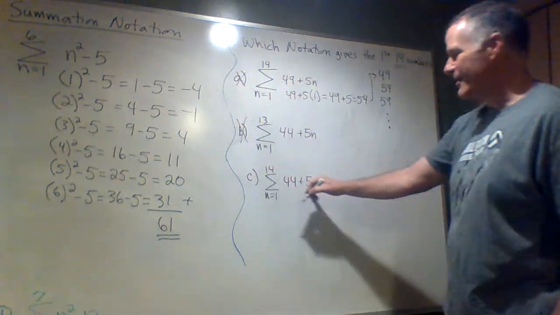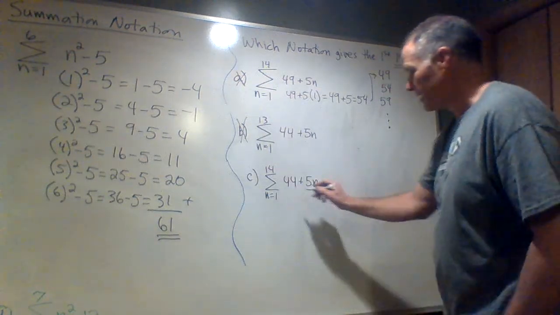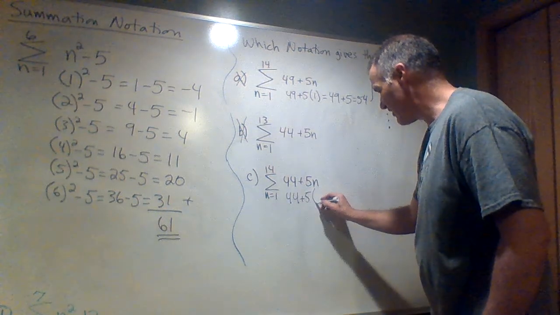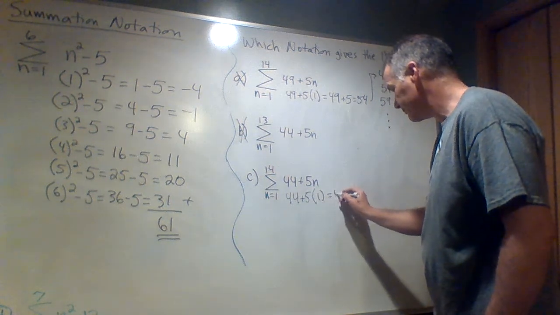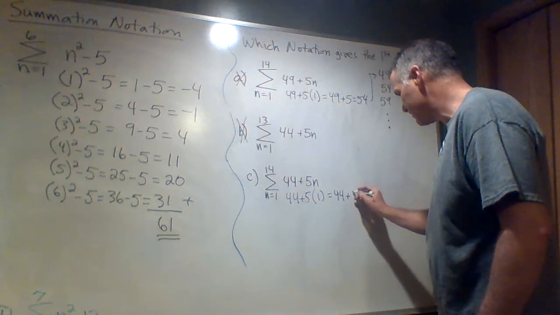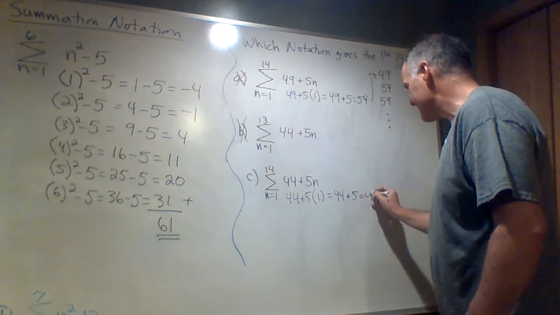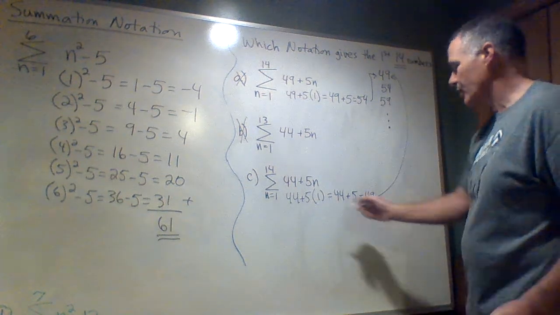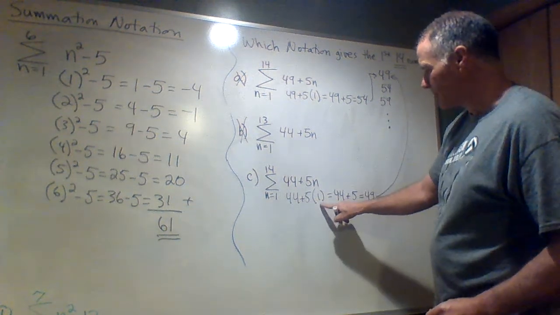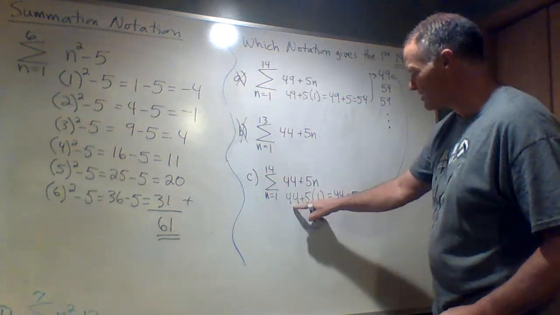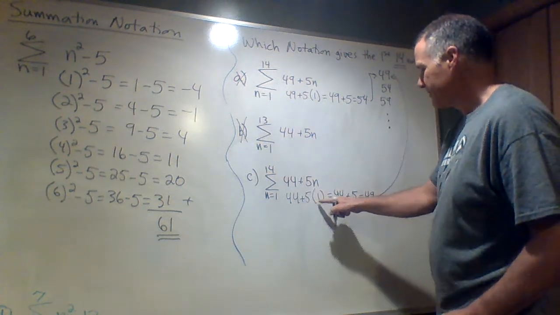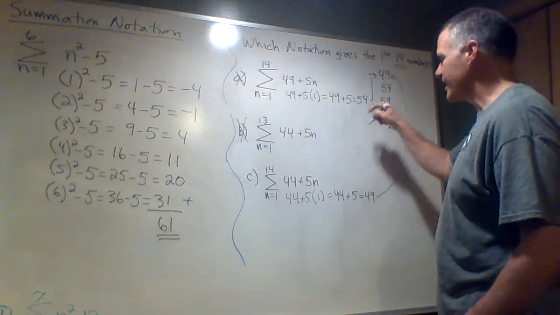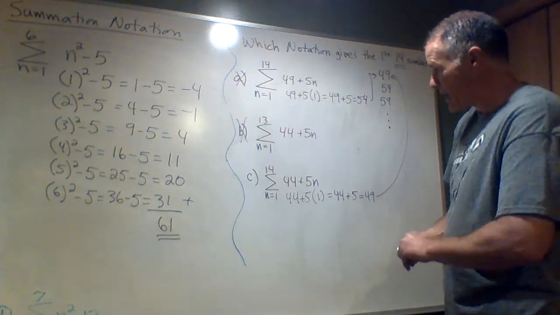We kind of know this other one must be true, but let's test it. 44 plus 5 times 1, 44 plus 5, is 49, which is what we were looking for. Then if we put the 2 in here, 5 times 2 is 10, 10 plus 44 is 54. 5 times 3 is 15, 15 plus 44 is 59. So this gives us the pattern.